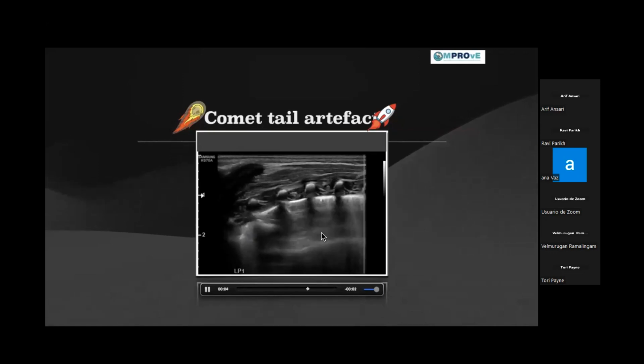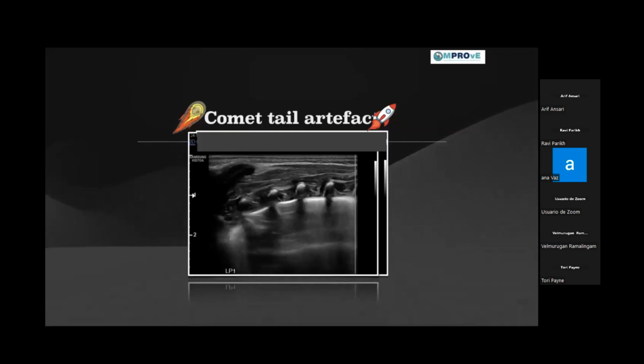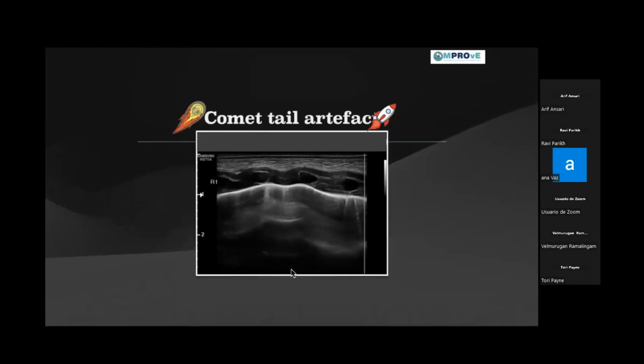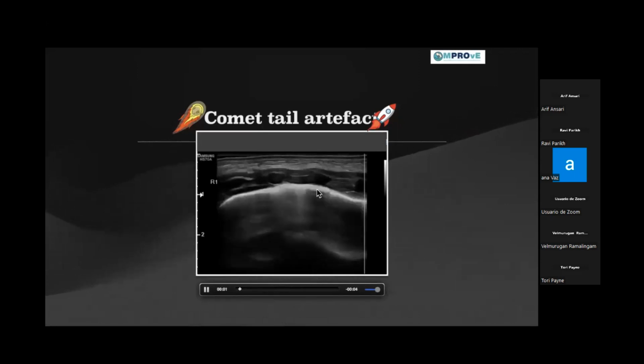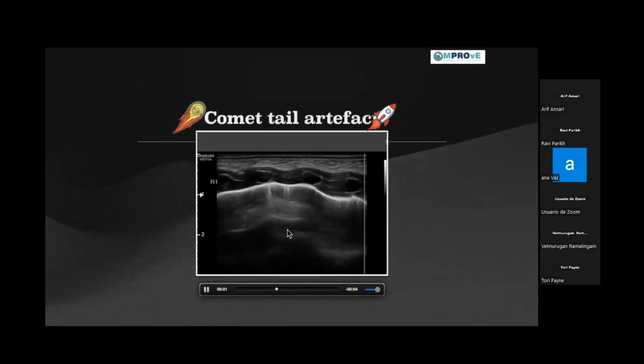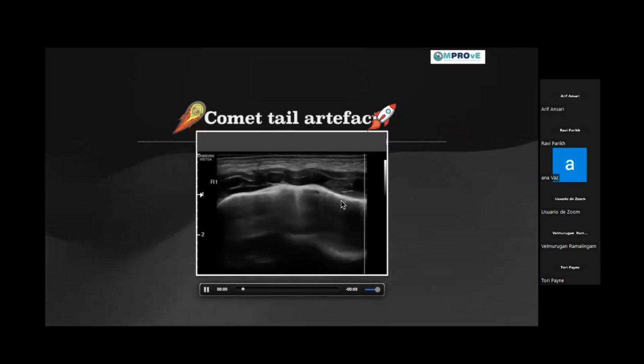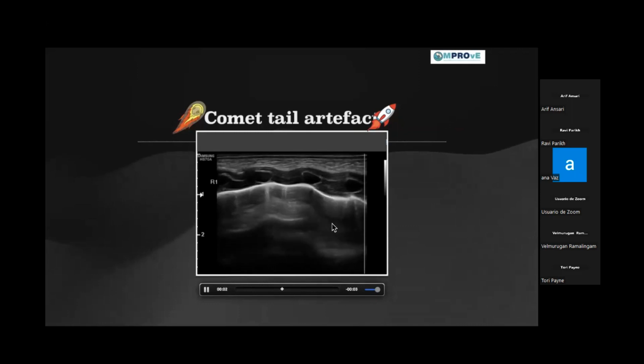This one terminates midway. Another example: again, small vertical reverberations arising from the pleural line, but terminating midway. It terminates here, so it's not reaching the end of the screen. Hence, these are the comet tail artifacts or the lung rockets, and they are not B lines.